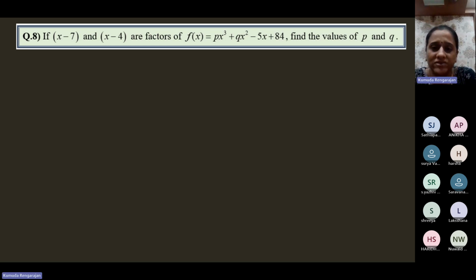The variable involved is x. The other unknowns in the polynomial are p and q, and we have to find the values of p and q.